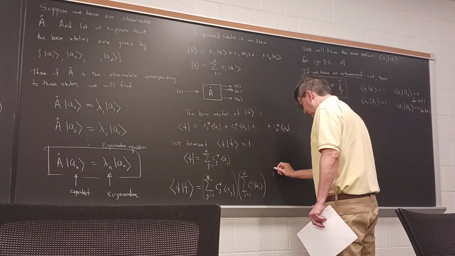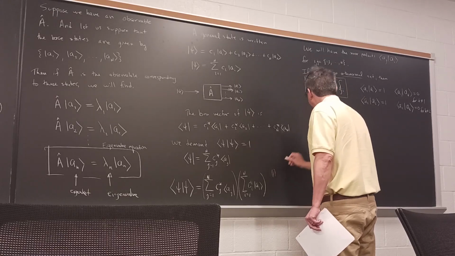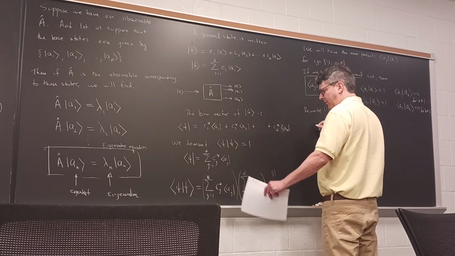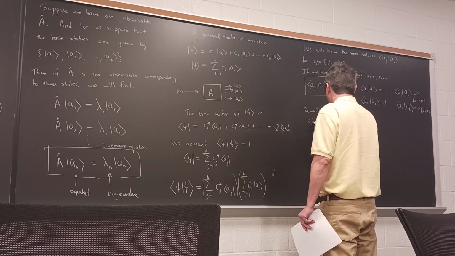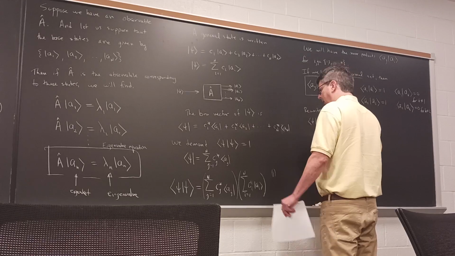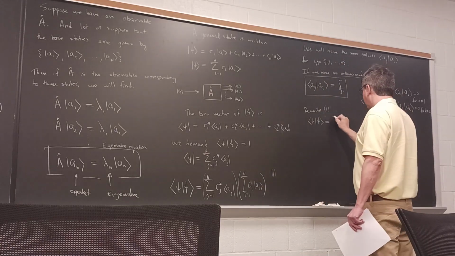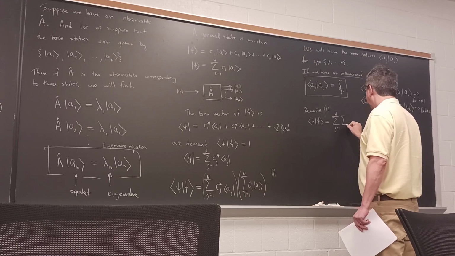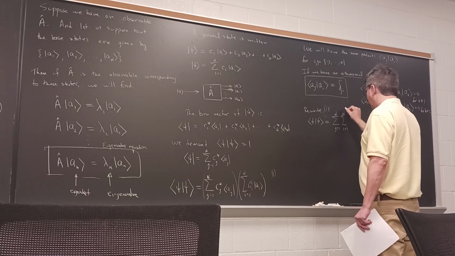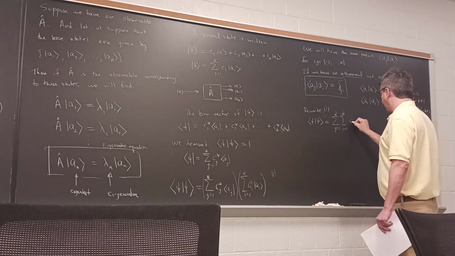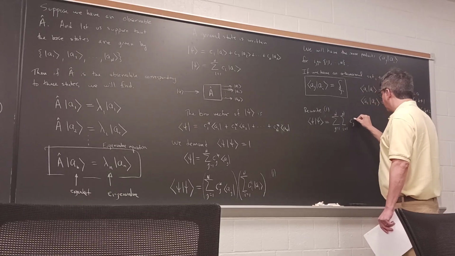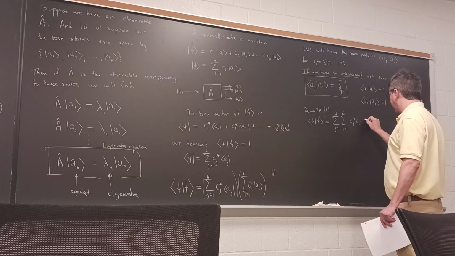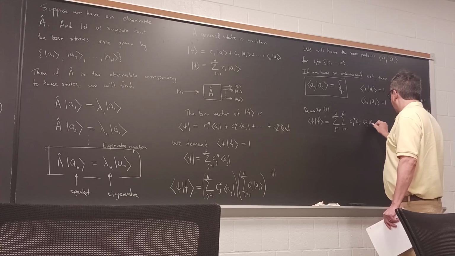Let's call this equation 1. So if we rewrite 1, this is equal to, now I can bring out all my sums, and then I'll have Cj star, Ci, and then I'll have Aj, A sub i.